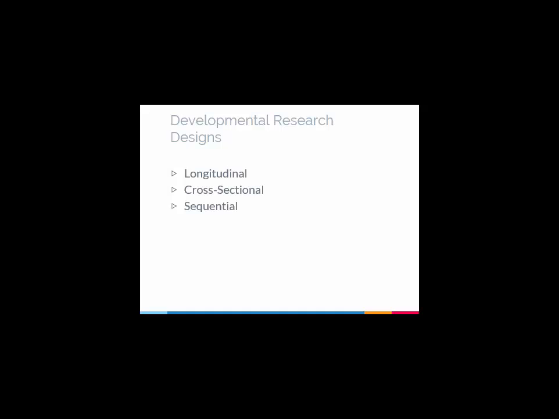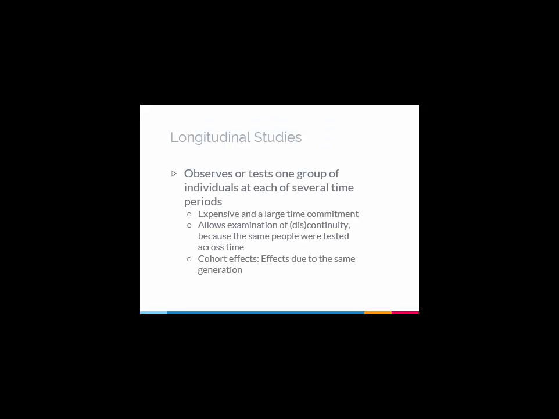When it comes to developmental research and really looking at change, which is what we're interested in development, we can use longitudinal designs, cross-sectional designs, or sequential designs. So these three types of designs are specific to developmental research. Let's talk about these in more detail, starting with longitudinal designs.